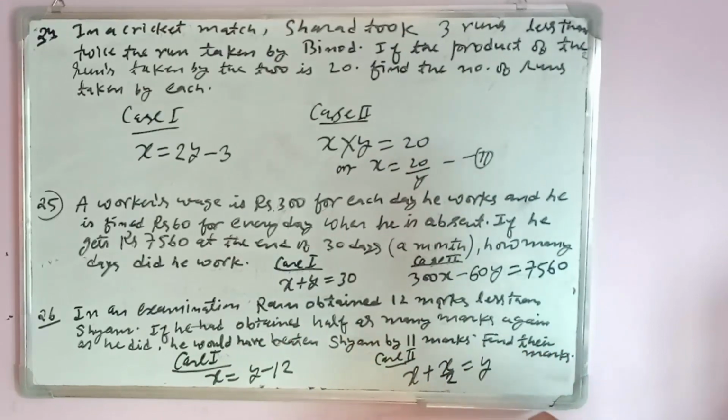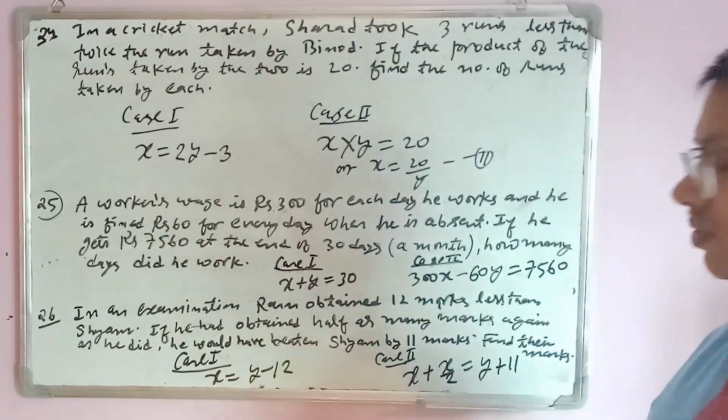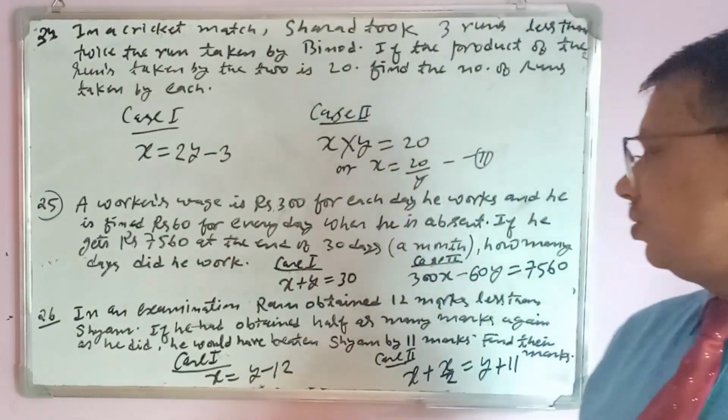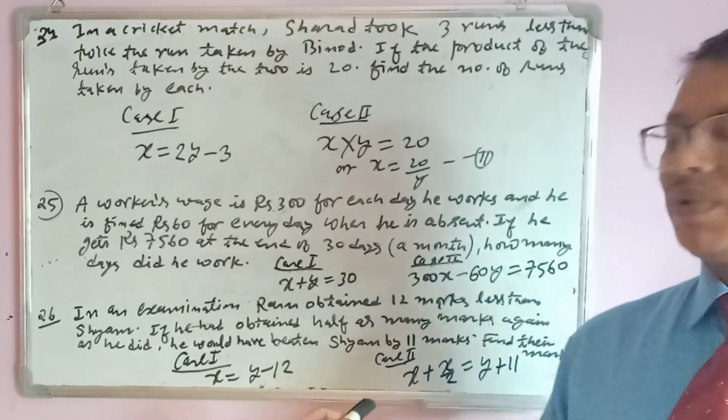Beating Shyam by 11 means getting 11 more than Shyam, so y plus 11. Taking the LCM, 2x plus x by 2 equals y plus 11, so 3x by 2 equals y plus 11, so 3x equals 2y plus 22. Then we can solve equation 1 and equation 2 and get the values of x and y, the marks of Ram and Shyam.